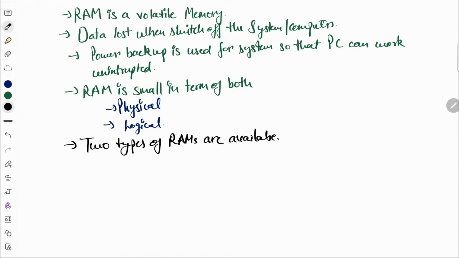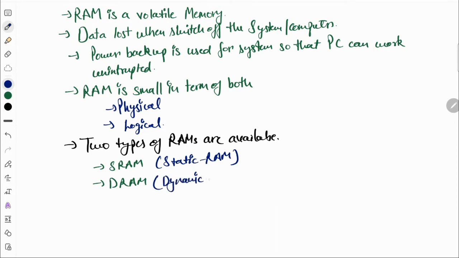First one is SRAM, second one is DRAM. SRAM means static RAM. Second one is dynamic RAM.